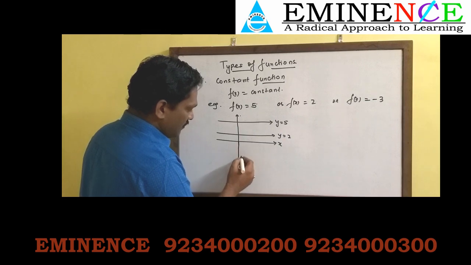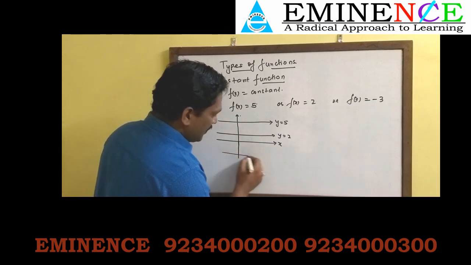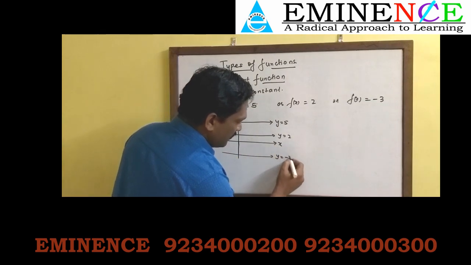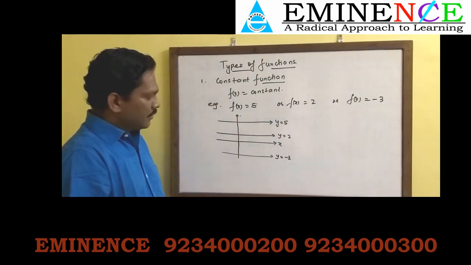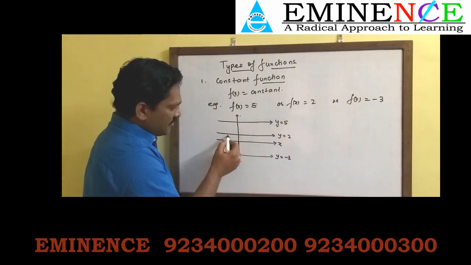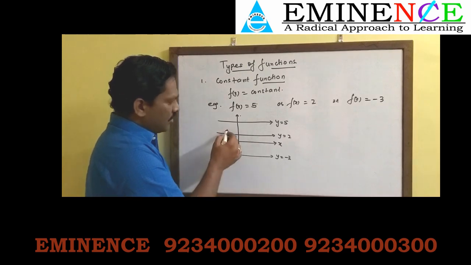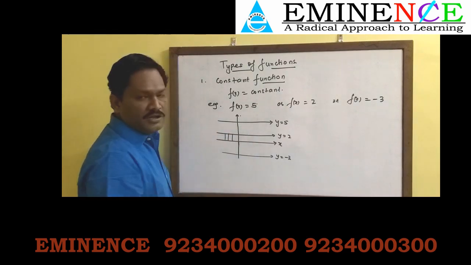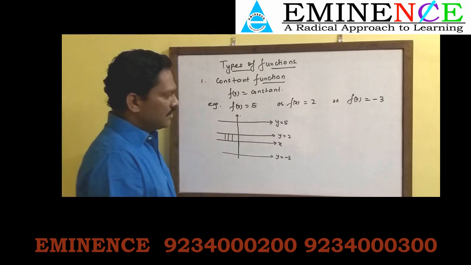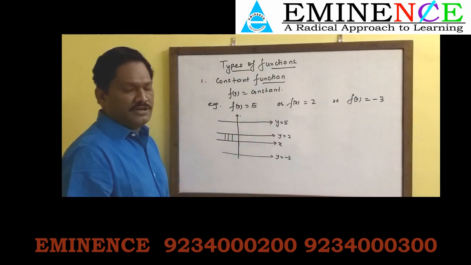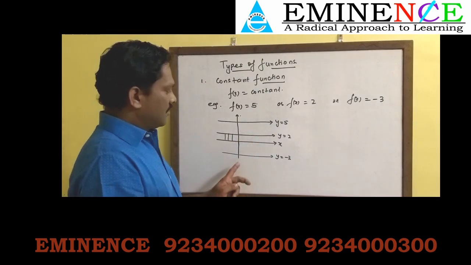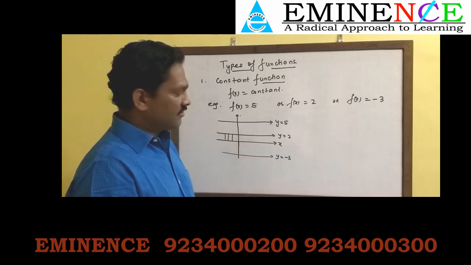And f(x) equal to minus 3 will form the line y equal to minus 3. So you can very well see whatever be the value of x we are providing as input, you are always getting only one output, that is y equal to 2. Or for this function you are getting y equal to 5. So f(x) equal to constant is always a line parallel to x-axis.